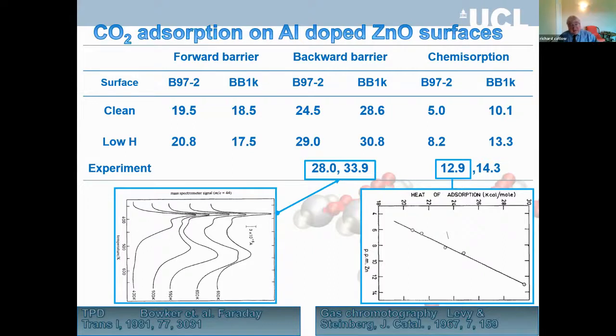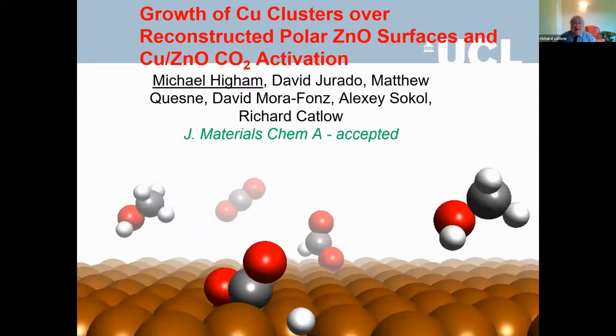So we've looked at these very basic processes here: hydrogen dissociation and CO2 activation, key processes in a lot of catalytic areas. We take this work much further. I can really just mention there's a recent paper coming out in the Journal of Materials Chemistry that has developed detailed models for copper species on zinc oxide.